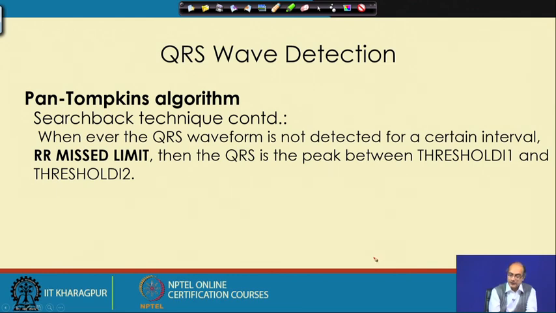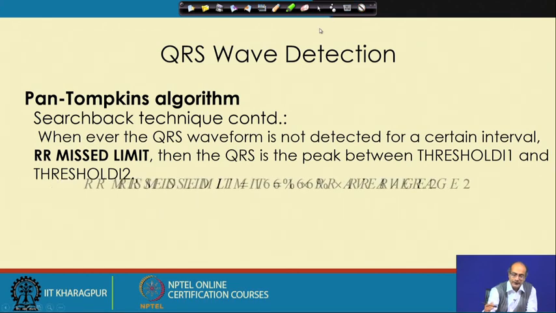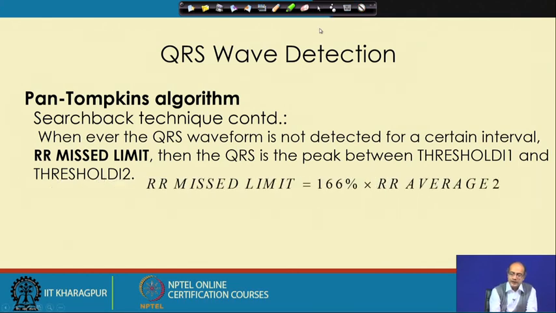And in that situation we can get a peak only if it is above threshold 2, and that essentially means it has to be between these two thresholds, threshold 1 and threshold 2. So, that becomes the new peak what we take here, and that RR missed limit is actually set pretty high. It is taken 116% of the RR average 2.